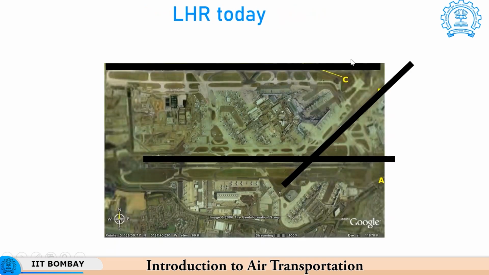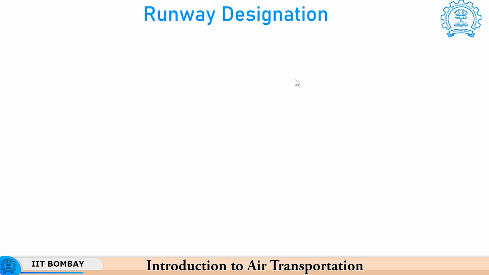Now, these runways that you see here generally have some numbers at both ends. As the pilot approaches to land at a runway, the pilot sees some numbers at the runway end, and those numbers indicate some information for the pilot. This is called runway designation.